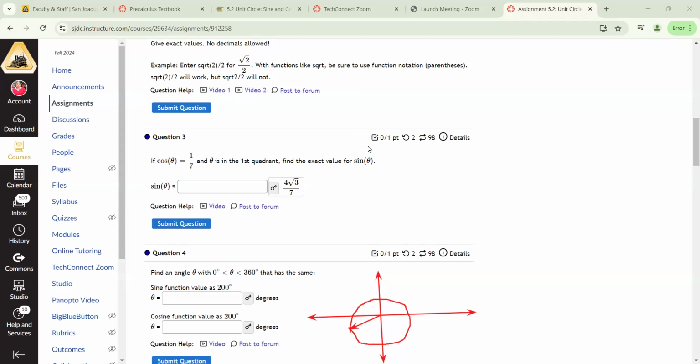So this location has x value negative, negative x because this side is negative x side, and downward is y negative. So both the values of sine and cosine are negative here, sine 200 and cosine 200.